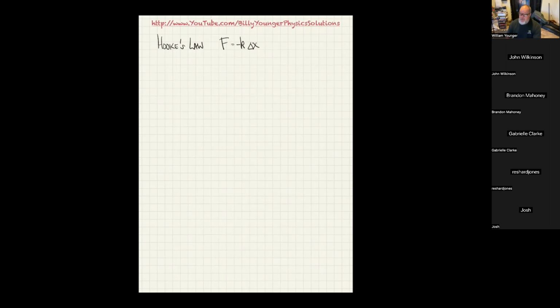That becomes a dangerous situation. Things break, things fly, things could really harm you. So instead, we work with springs, which also obey the law, but at much lower values of forces. So that's what Hooke's law is.